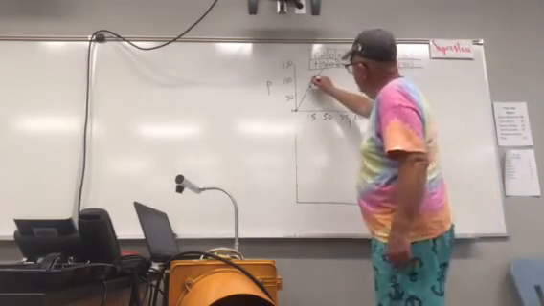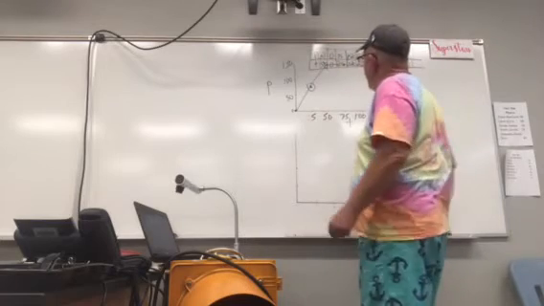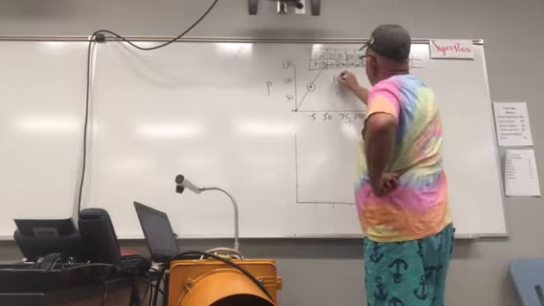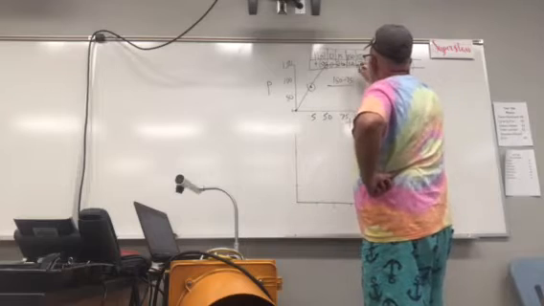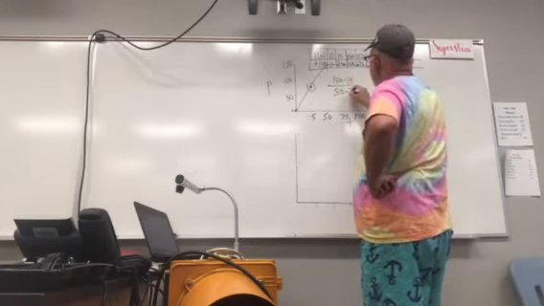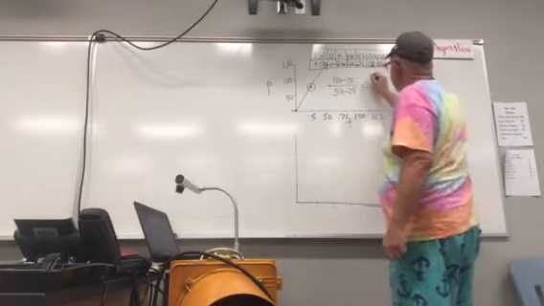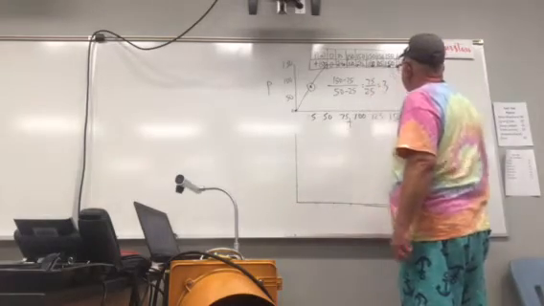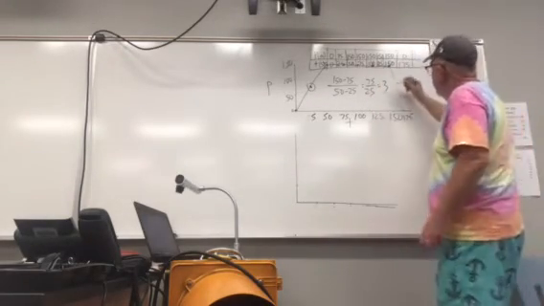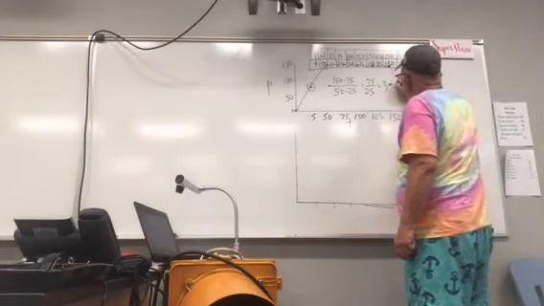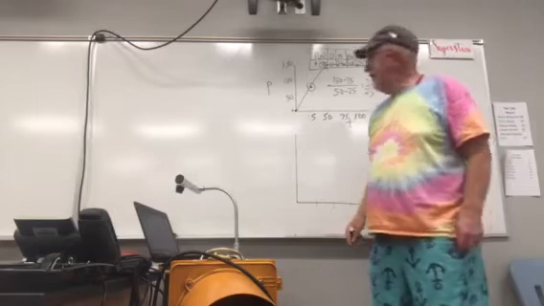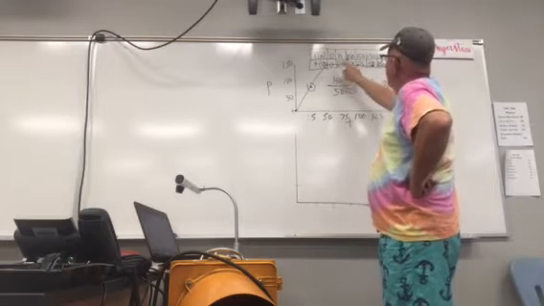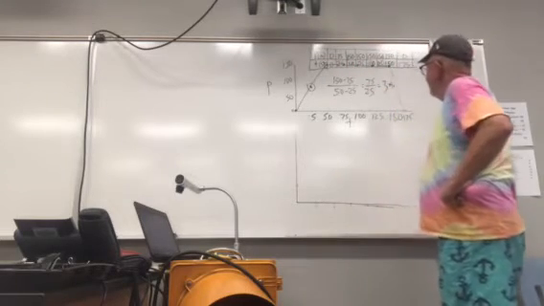I'm going to find the slope right here of the position time graph, which is 150 minus 75 over 50 minus 25, which is 75 over 25, which is 3. 3 meters per second. 150 meters minus 75 over 50 minus 25 gives me 3 meters per second.